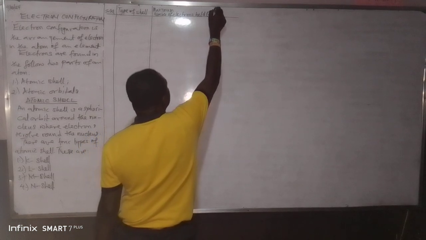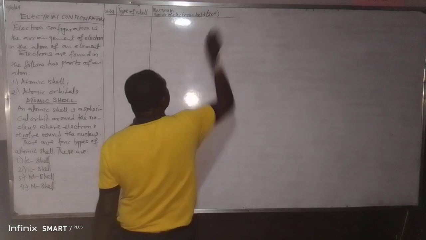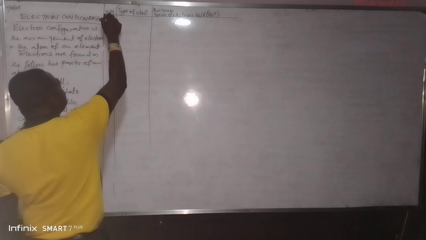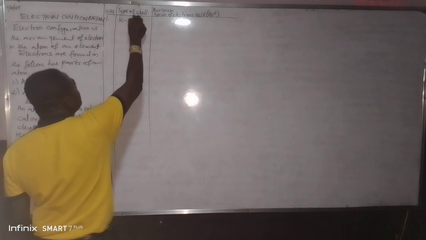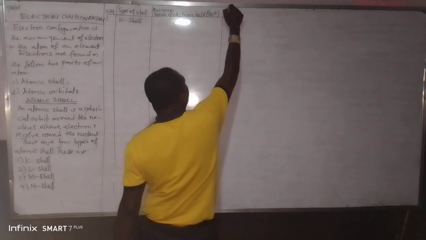We have a formula to do that, 2n squared, to get the maximum number of electrons that a shell can carry. The first shell we have is K shell. Now, the value of n.